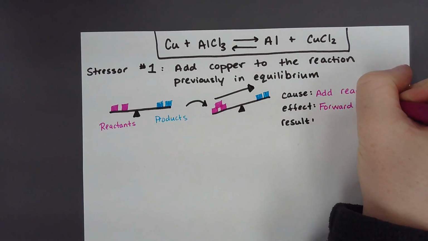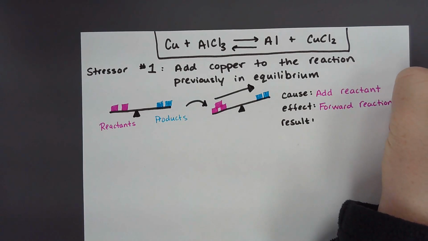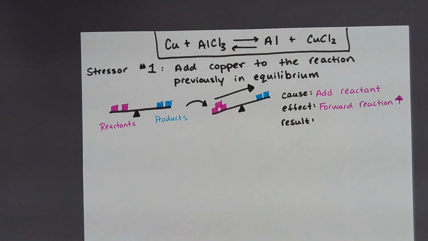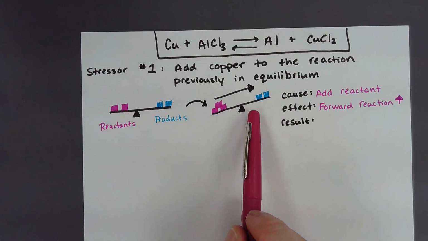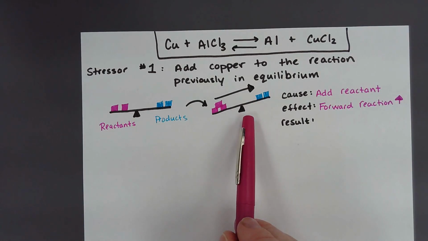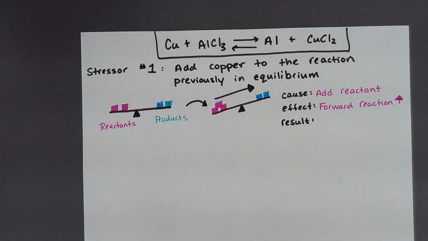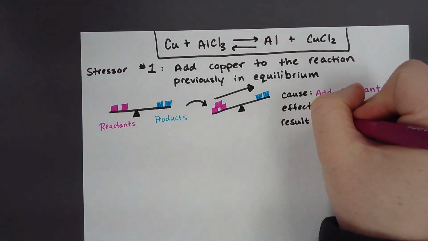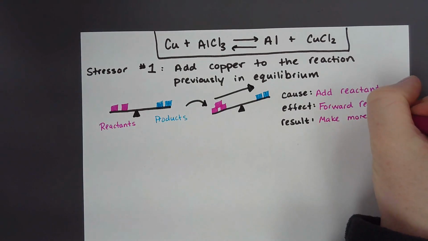So my forward reaction is going to increase. Because my forward reaction is increasing, my equilibrium point has shifted, but reactions will find a new point. If I wanted to get an even teeter-totter again, what I'd need to do is put some more weight on the right, which means I would need to make more products.